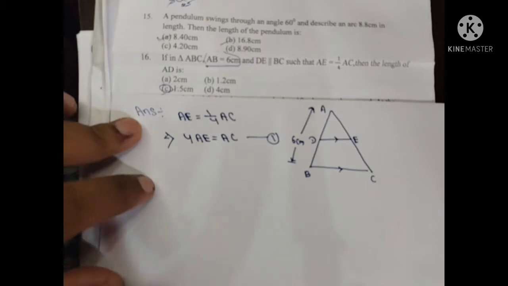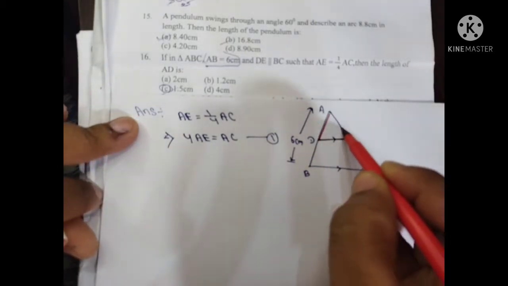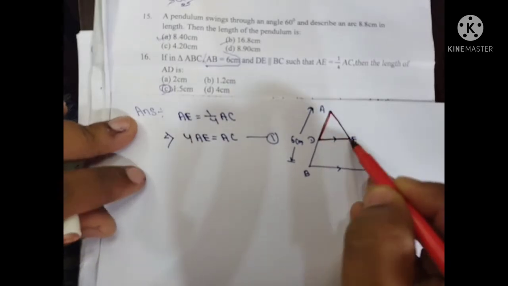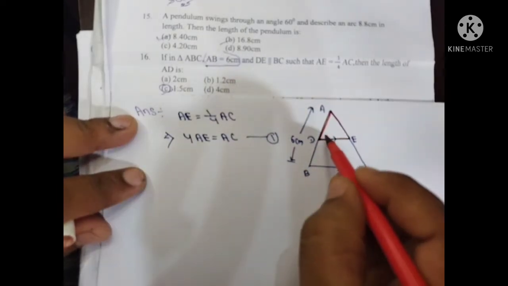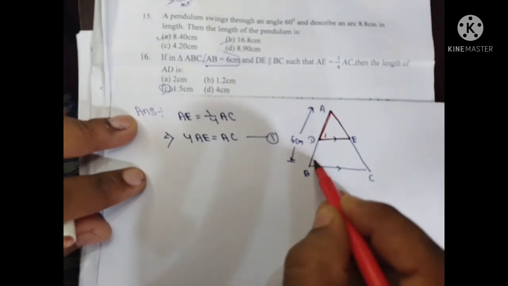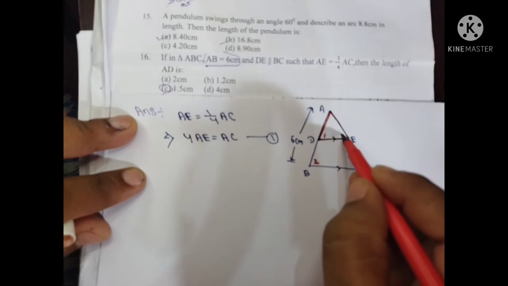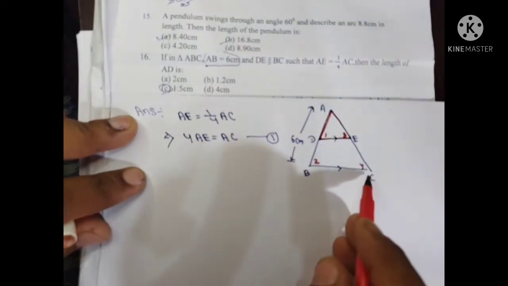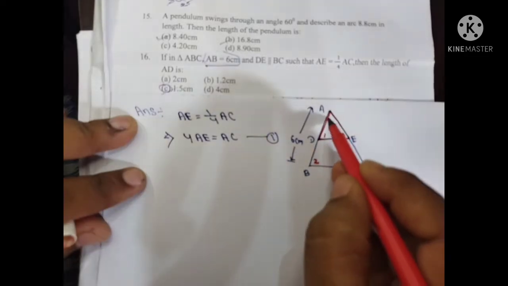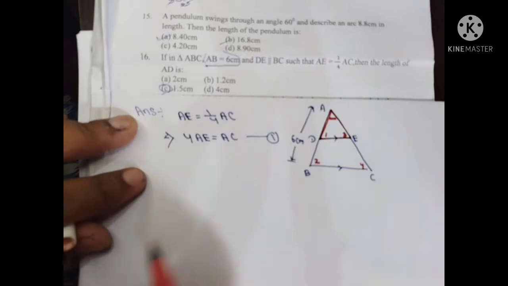Now compare the two triangles, the red triangle ADE and ABC. As DE parallel BC, angle 1 must be angle 2, corresponding angle. Similarly, let this be angle 3, let this be angle 4. Angle 3 is equal to 4, 1 is equal to 2, and angle A is common to triangle ADE and ABC.